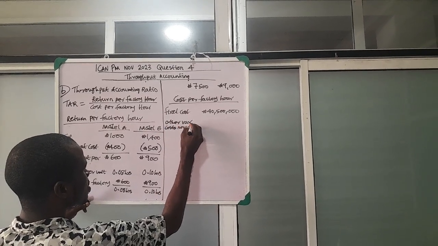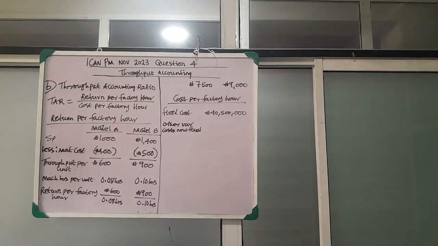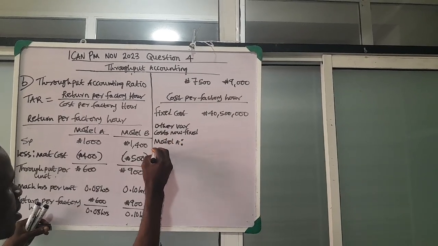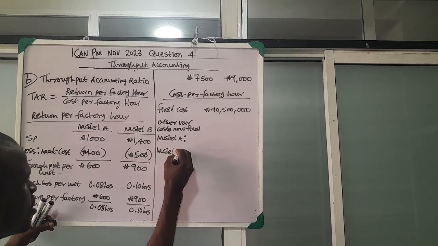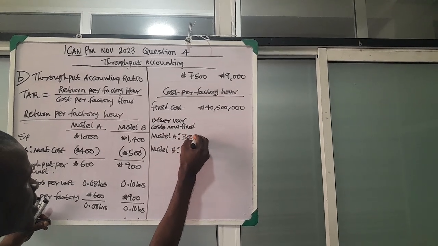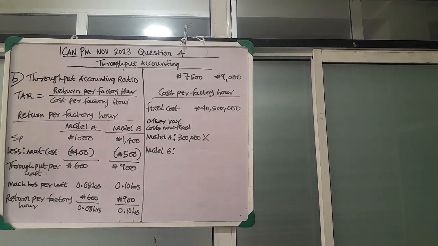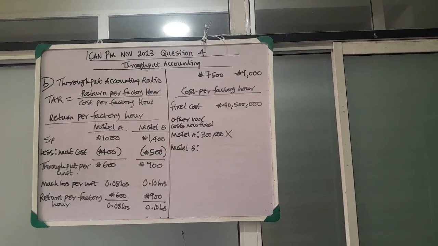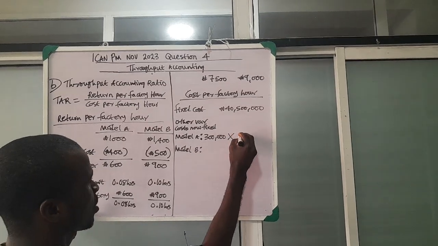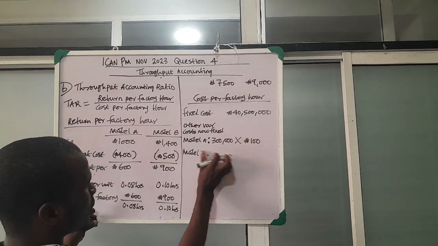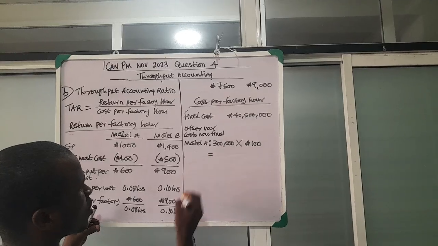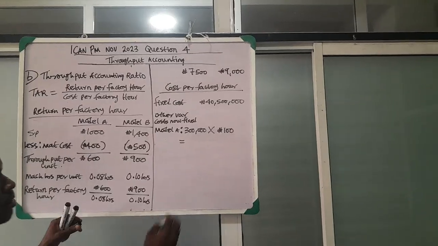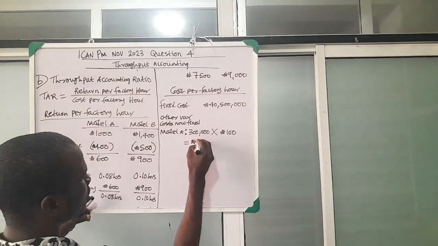Model A will produce 300,000 units, based on what we computed before. 300,000 units times the per unit value, 100 for model A. So 300,000 times 100 will give me 30 million.